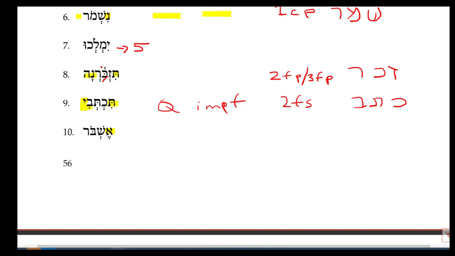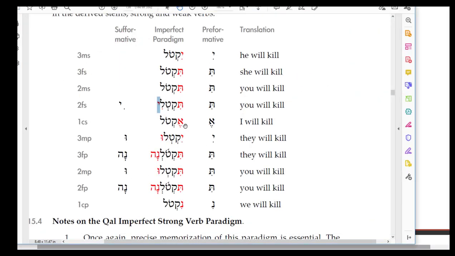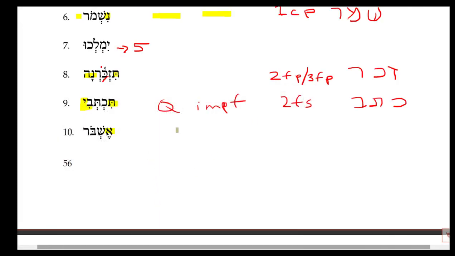Going to our chart, we are looking at a first common singular. So again, first common singular, and our root is shavar, shin bet resh, to break. And so we're going to have I will break. So first common singular, I singular will break.